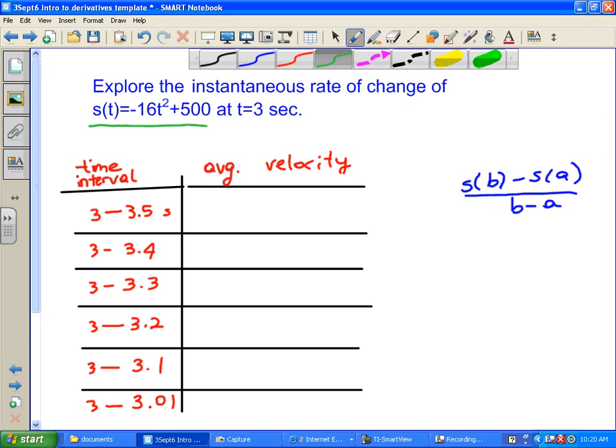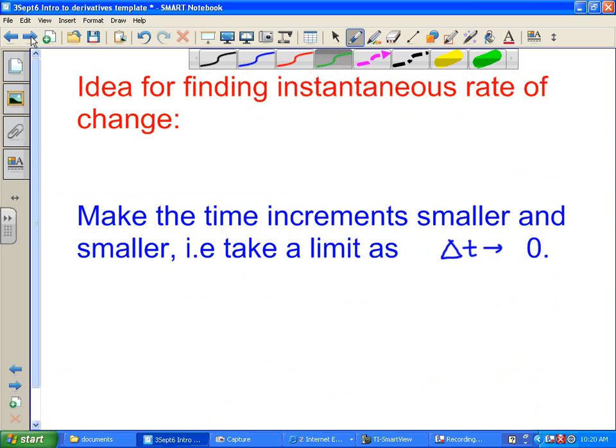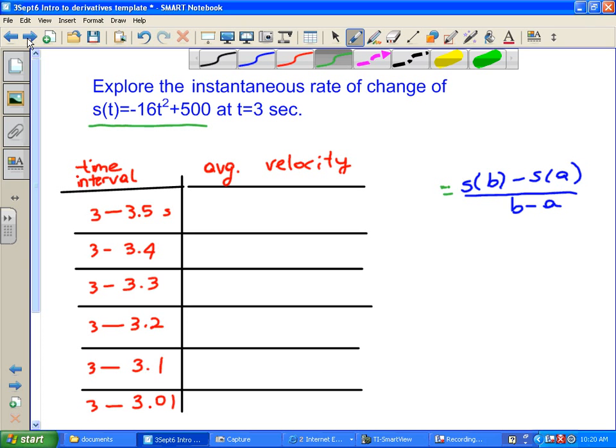And before you start, let me make sure I explain what we're doing. This is the average velocity formula from the previous page, right? If you go back, this was our average velocity formula, f of b minus f of a over b minus a. But here the function is s, so s of b minus s of a. For example, for the first one, you know your function, right?